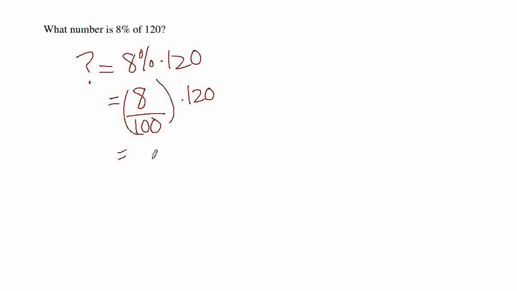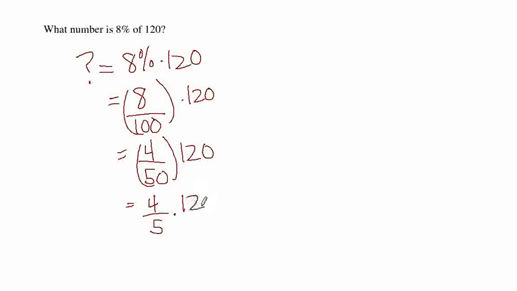Let's see, 8 over 100 is the same as 4 over 50 multiplied by 120, and that's the same as, I can divide the 50 by 10, and I can divide the 120 by 10, so 4/5 times 12. You can work it out your own way. This is one way that will give you the correct answer.